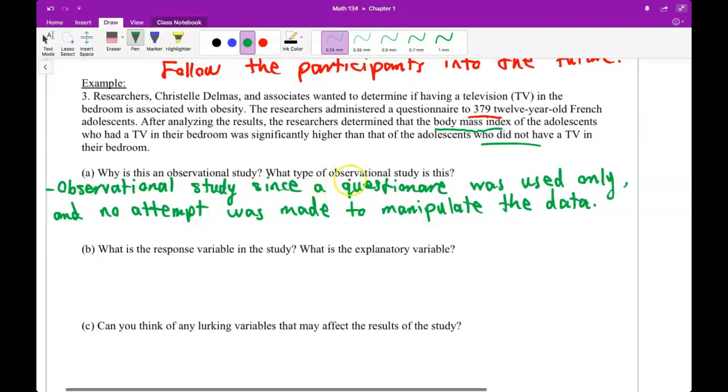Okay, what type of observational study is this one? This one is a cross-sectional study because they're not looking back in time, or they're not collecting data in the future. So that's why this is cross-sectional, since researchers observe a single point in time.